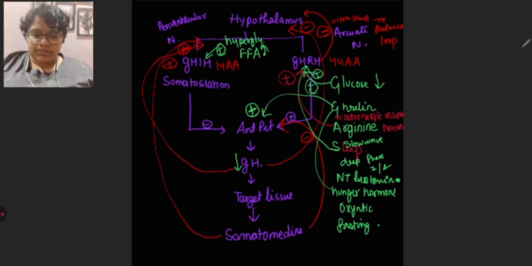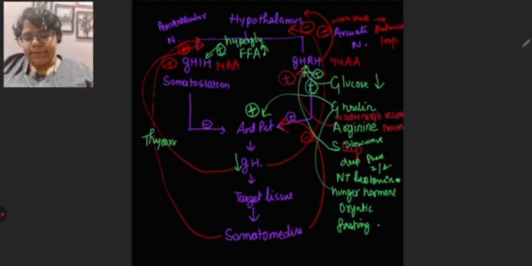Now let's talk about hormonal control. What about the effect of other hormones on the secretion of growth hormone? Thyroxine, cortisol, and estradiol.